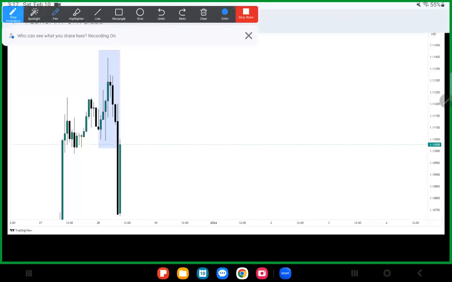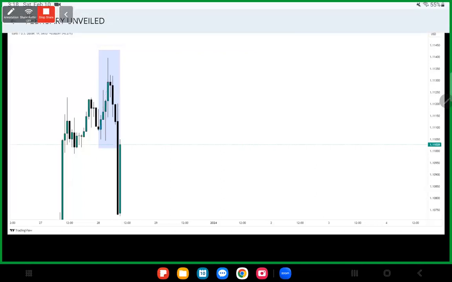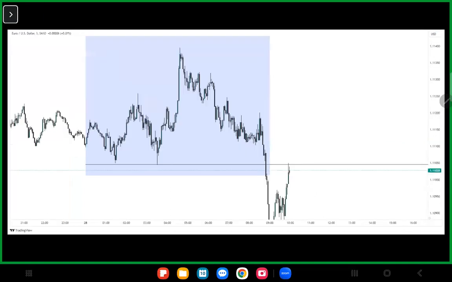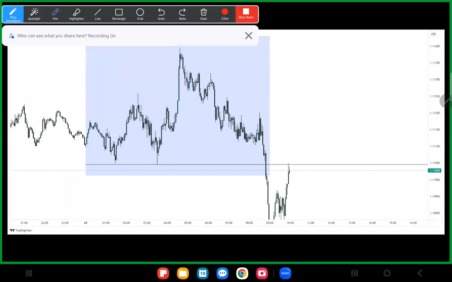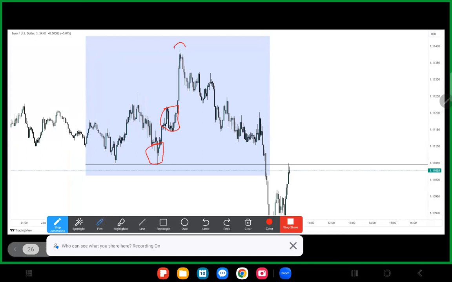So I have this area highlighted over here. There's buy side, and then there's sell side delivery. Now let's take a look at what's happening within this delivery on a lower time frame. Look at that. Here's your original consolidation, reaccumulation, smart money reversal, smart money reversal, redistribution, and then price comes lower.